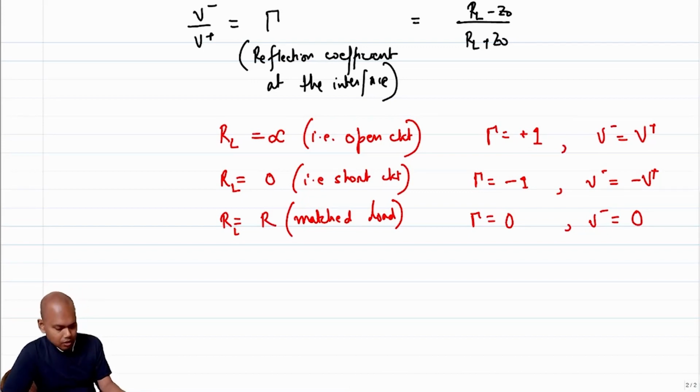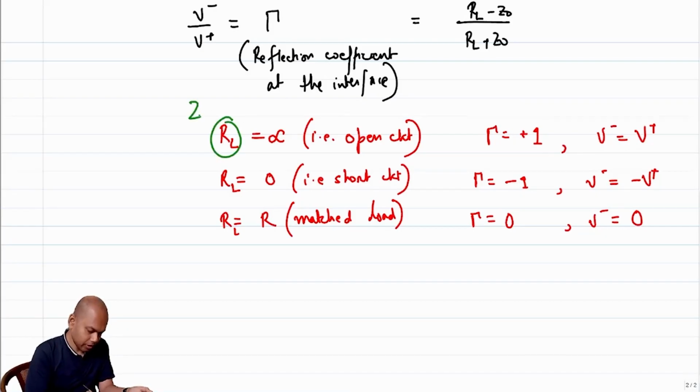So the key takeaway again is, if you do not want any reflection, then RL exactly has to be equal to Z naught. Now I showed this with RL. You can obviously do it for any complex load also. So in general, this should be ZL.